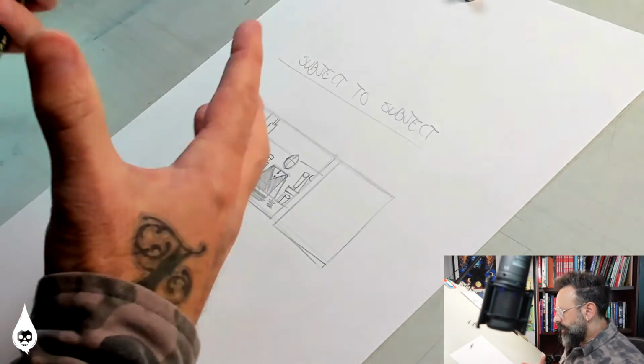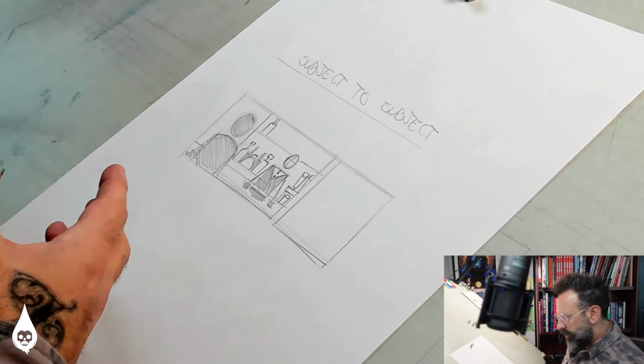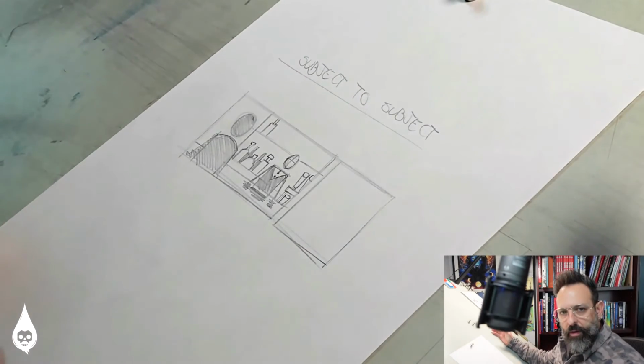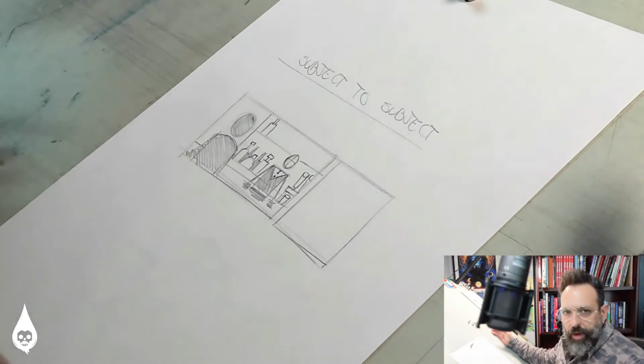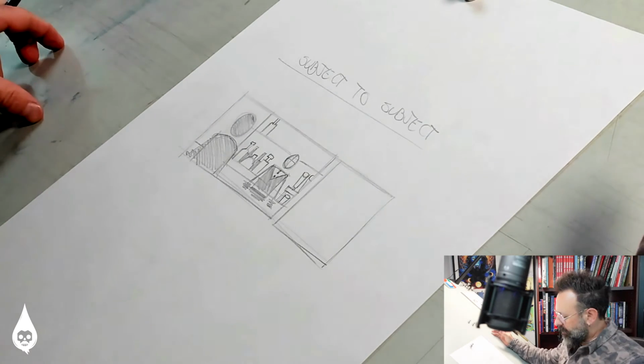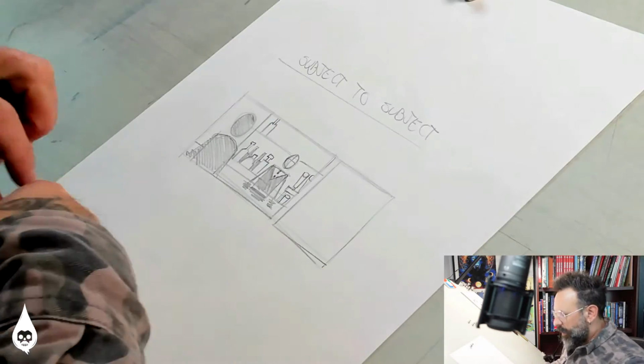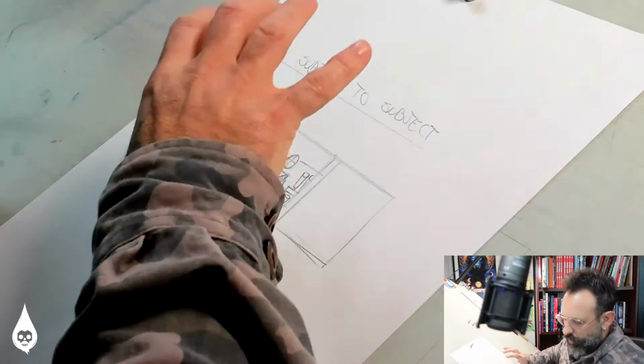Well, this is where subject to subject comes into hand. If we were doing moment to moment, we'd need the bartender to reach, grab specific bottle of bourbon, because bourbon's the best. Grab specific glass for said bourbon. Character A says on the rocks, fill the glass with ice, uncork the bottle, pour.